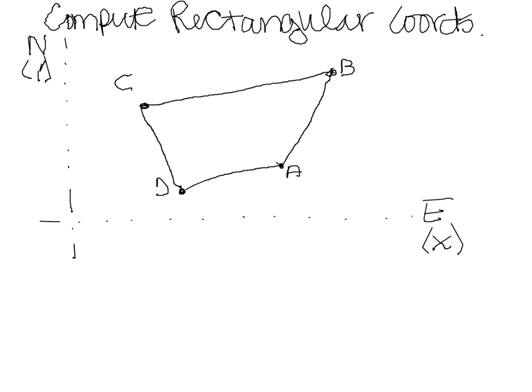We want to make sure that this entire figure is in this positive quadrant. We don't want it dropping down here or coming over here. So you want to arbitrarily select a starting point that keeps the entire figure in this quadrant.